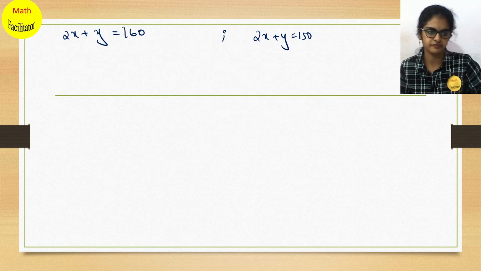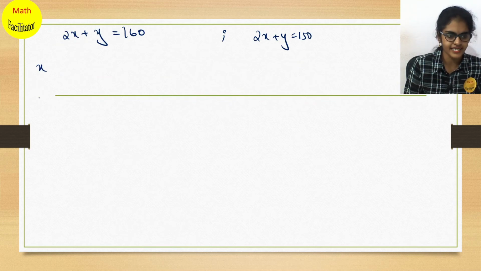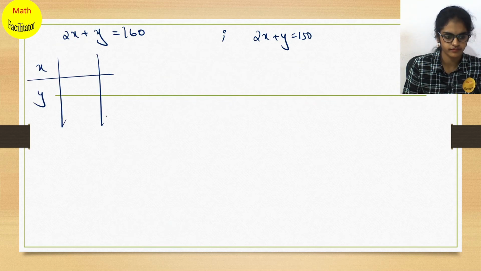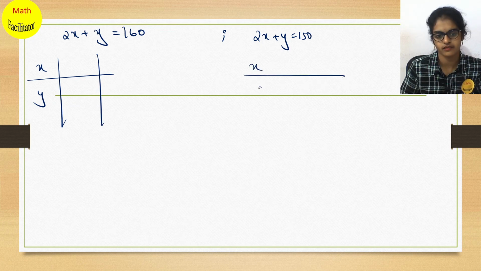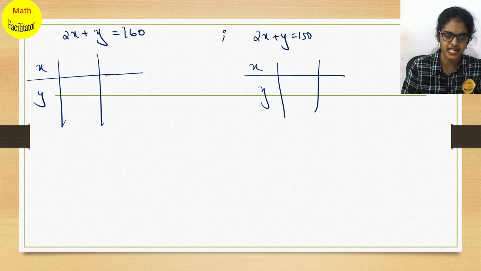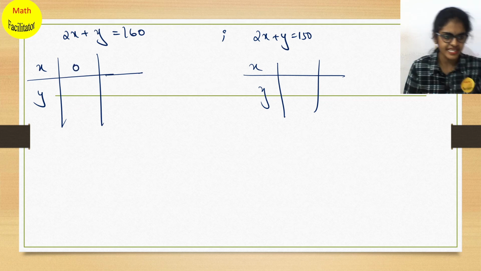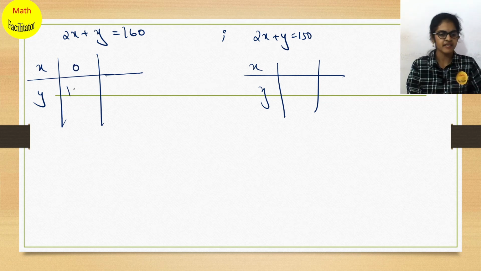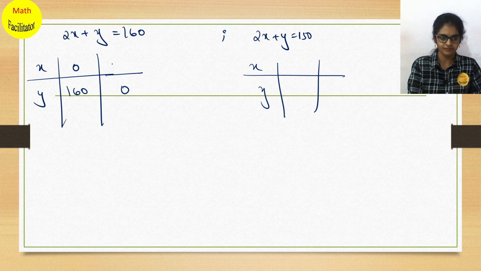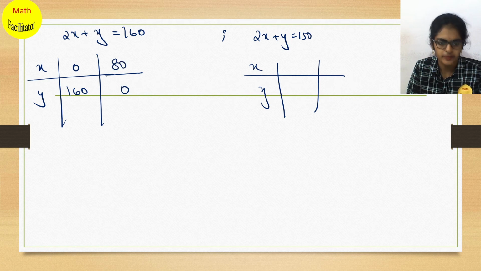Let's draw the graph. So x, y. Only 2 points are sufficient, as I have been telling you. If I take x as 0, my y value will be 160. If I take y as 0, my x value will be how much? x will be 160 divided by 2, it will be 80.